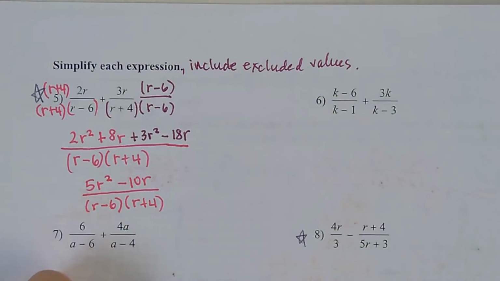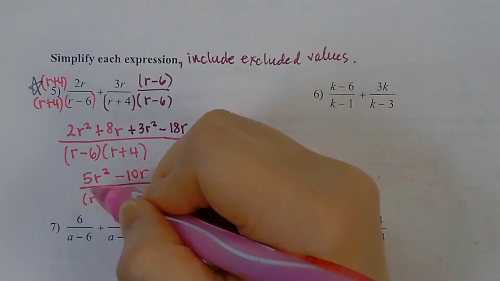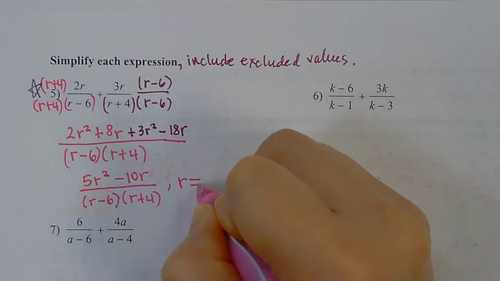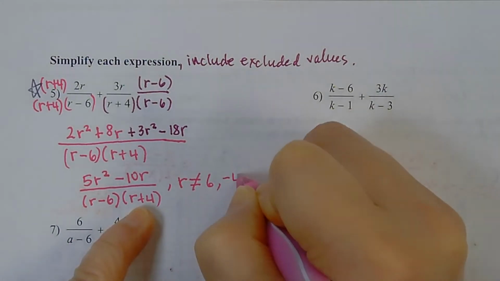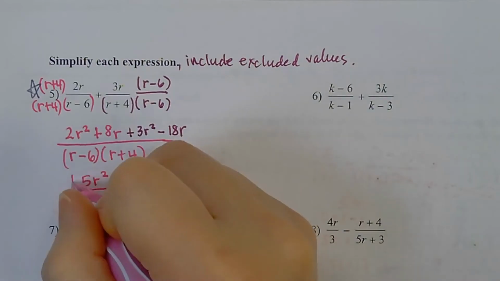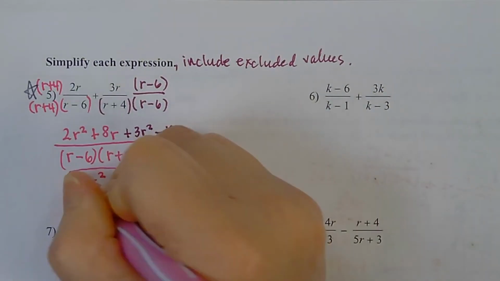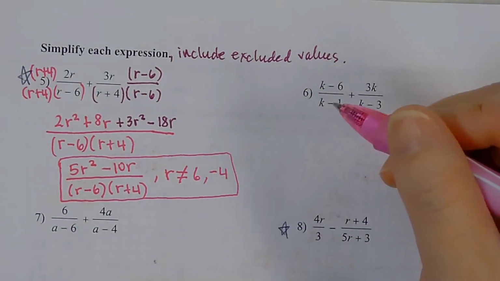All right? Makes life easier. And what are my restricted values? So r cannot be 6 or negative 4, because we can't have r be that on the denominator, right? So r can't be 6 and r can't be negative 4.